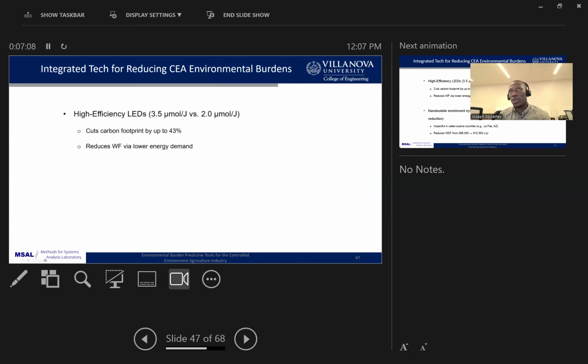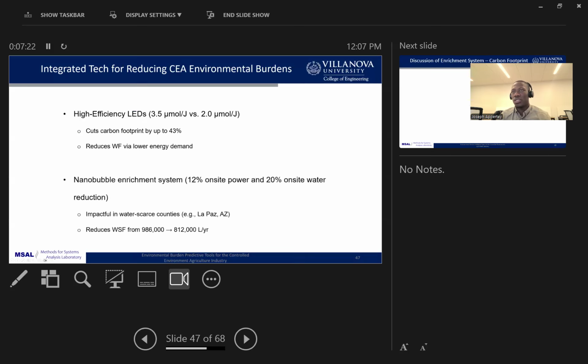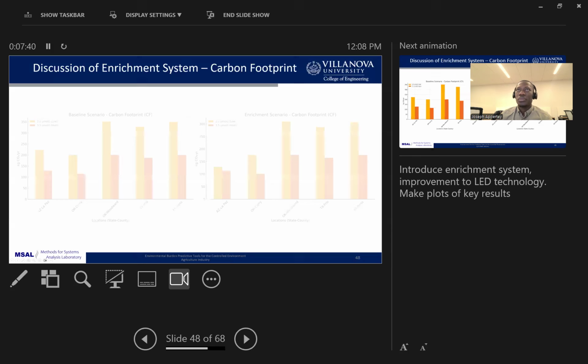So some technologies were considered by first considering transitioning from a 2.0 micromole per joule to a 3.5 micromole per joule LEDs. And this was able to cut the carbon footprint by 43%, which also reduces the water footprint as well. And then the nanobubble enrichment system proposed by a consultant was also considered, and we found out that it was very impactful in water scarce counties, for instance, La Paz County.